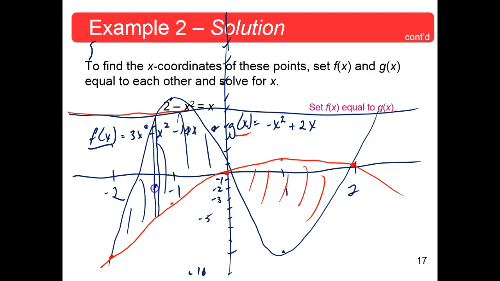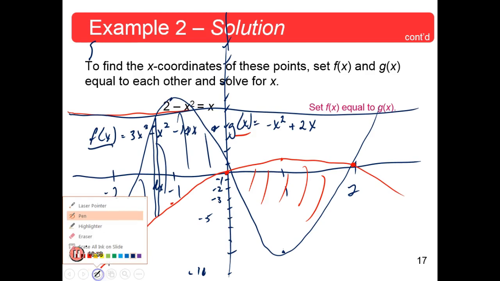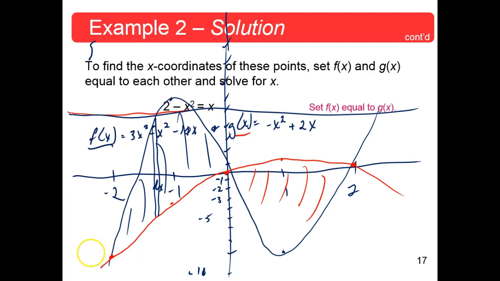The width of these is dx, or delta x if you were trying to be precise about it. And the length is going to be f minus g here. Whereas over here, I'll change colors, the dx's will be your width, and your length will be g minus f, okay?